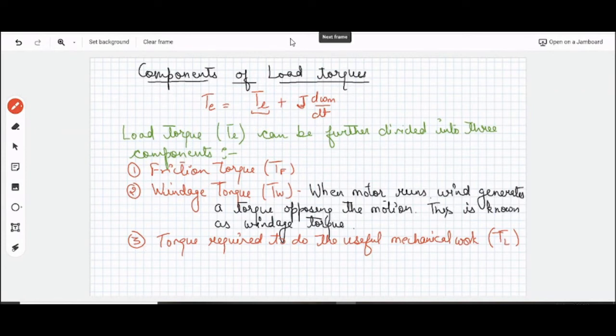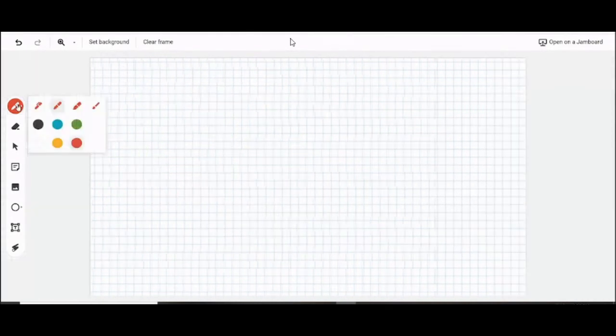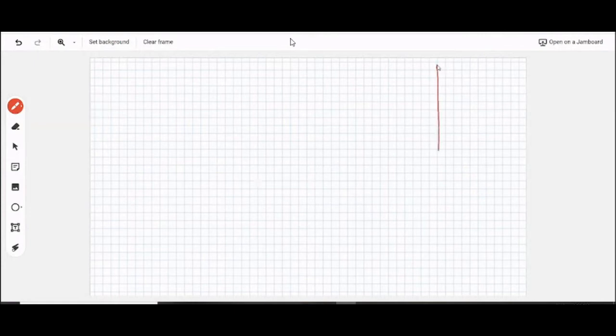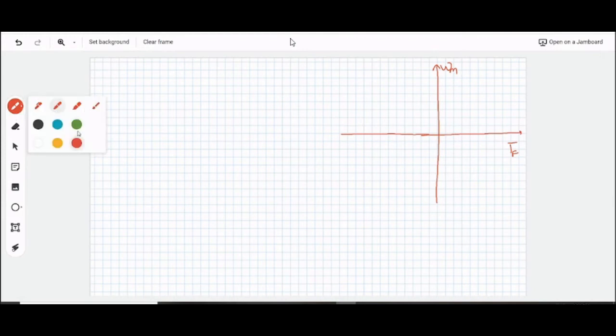Taking this study further, they say that this friction torque, which has a nonlinear characteristic of torque and speed, friction torque TF, which has a nonlinear characteristic with respect to speed, and the characteristic which it possesses is like this one. Right?